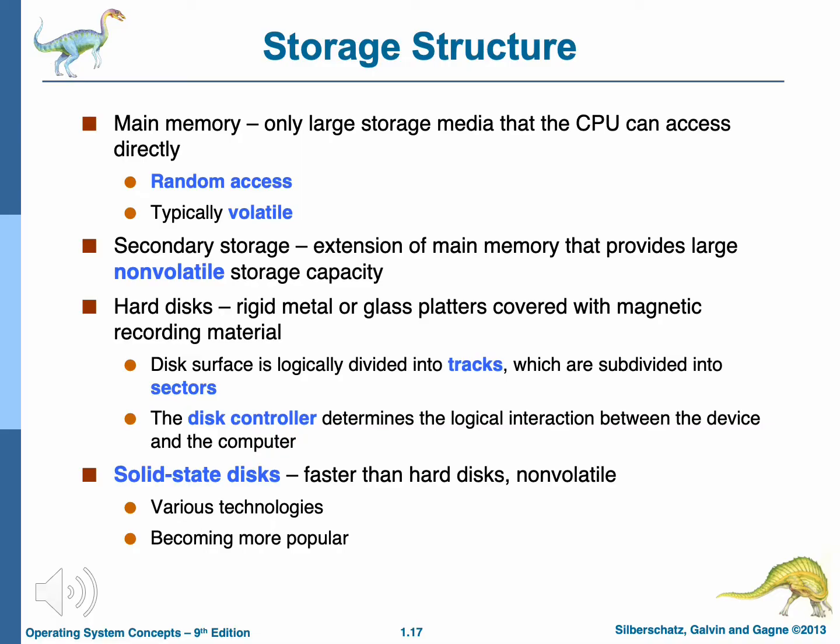Most programs, system and application, are stored on a disk until they are loaded into memory. Many programs then use the disk as both the source and the destination of their processing. Hence, the proper management of disk storage is of central importance to a computer system, as we will discuss in Chapter 10.